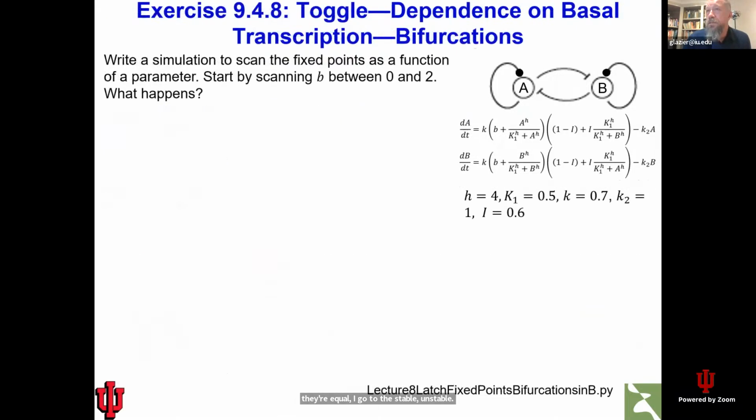So the next exercise would be plotting the bifurcation diagram. And you may have already done that. If you haven't, I have the code for it here. But I'd like you to sweep the value b and then plot the steady state values of a and b as a function of little b, for b between 0 and 2.